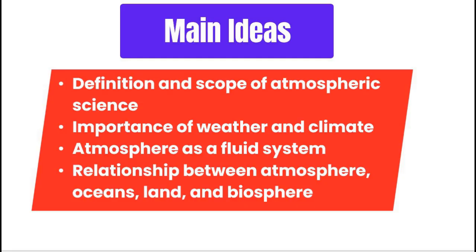Then here we'll try to describe atmosphere as a fluid system and define the relationship between the atmosphere, ocean, land and biosphere. The four main things: we have the atmosphere, air, ocean, which is water, land and biosphere, the human life. How they interact to form the various atmospheric phenomena on Earth.